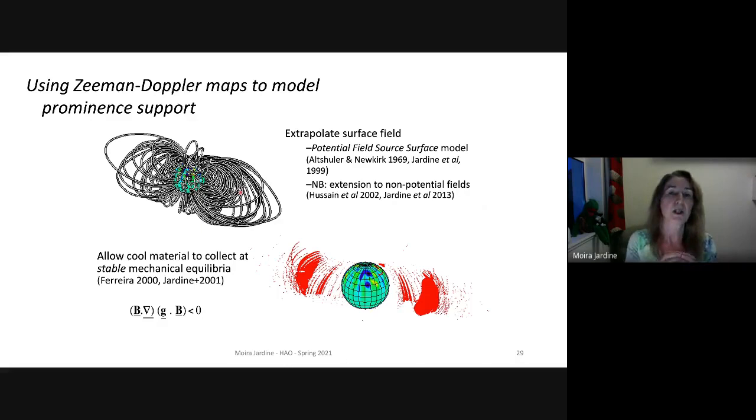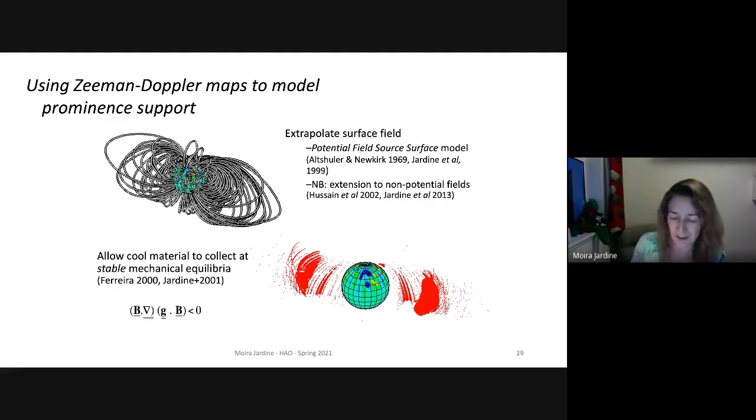These are sites where, in order for material to move along magnetic field lines, it would have to be climbing out of a gravitational potential. So these are gravitationally stable mechanical points. So if we allow material to collect at these points, we can predict where mass can be supported. And these red dots here are all the stable points in this magnetic field.